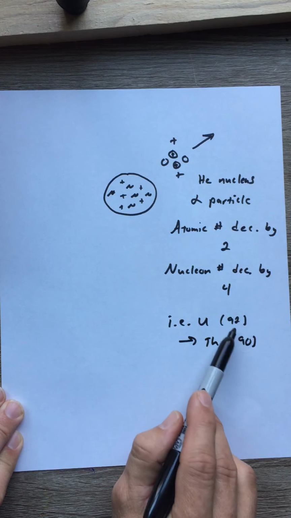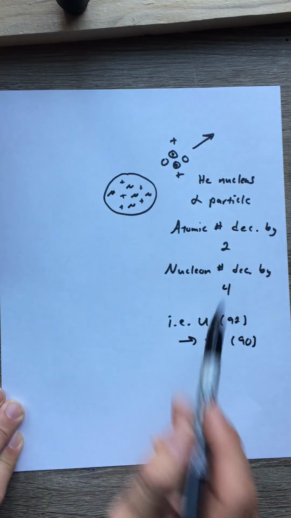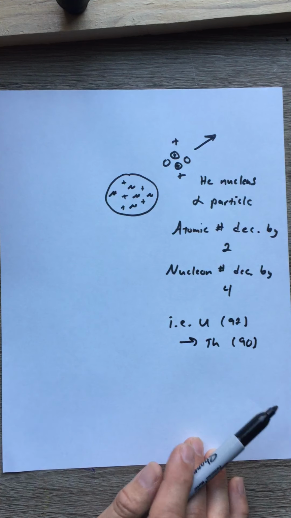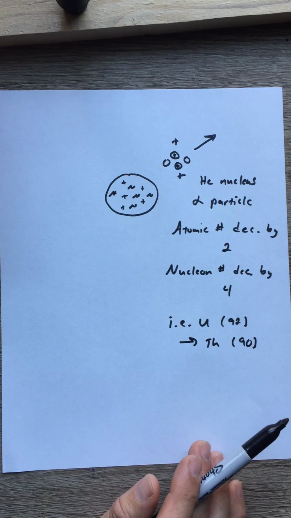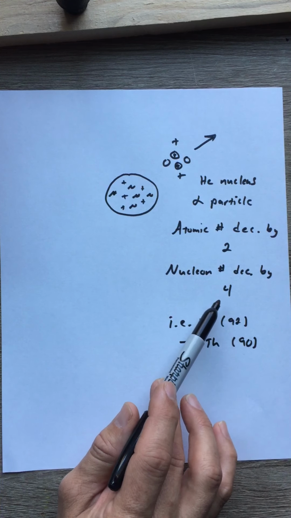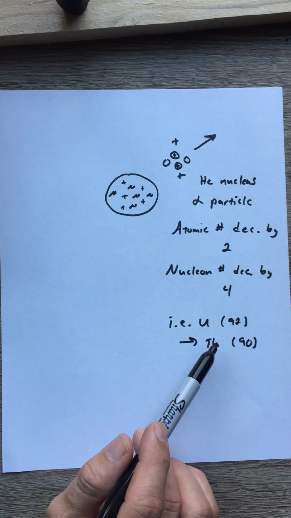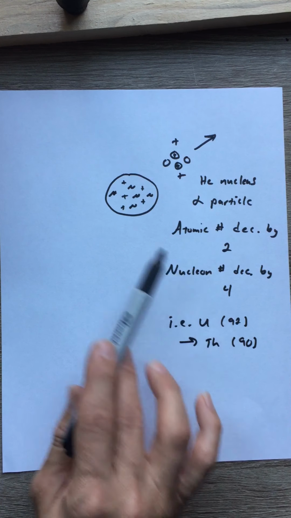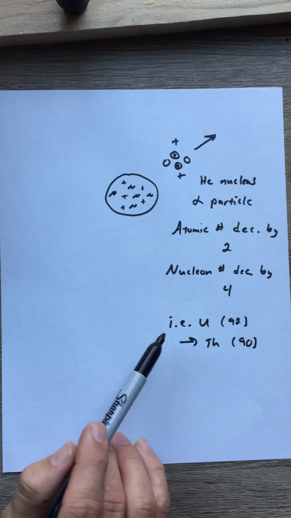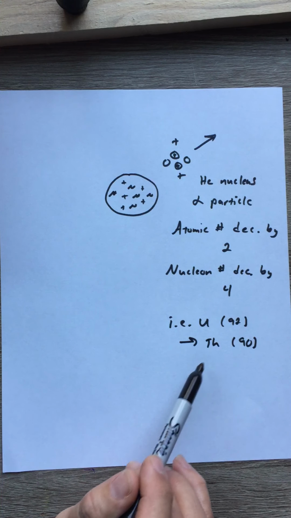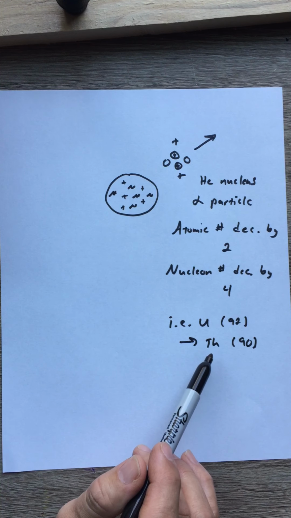All right, we've lost 2 protons. We've also lost 2 neutrons. That's not reflected in the atomic number, but we do have something called the nucleon number, which will decrease by 4. But usually what we care about is the atomic number, because that actually tells us what element it is. So uranium then decays into thorium is how we would say that.